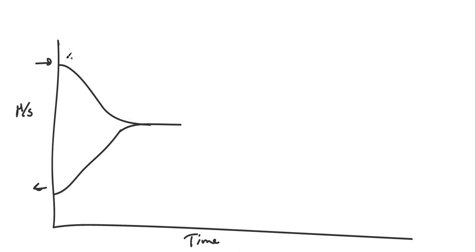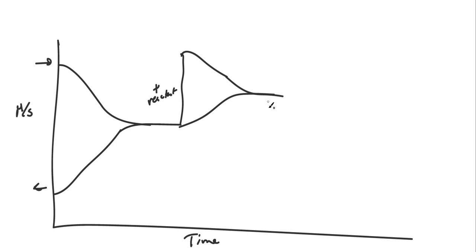If we add more reactants, that's going to cause the forward reaction to jump up and start faster again. Then as we create more products, our backwards reaction is going to continue on, and it's going to find a new equilibrium. So if we add reactant, it's going to force it to go to a new equilibrium.